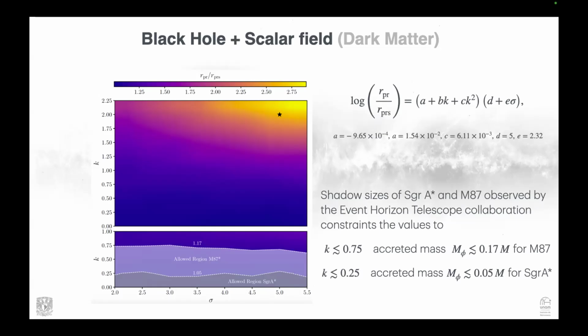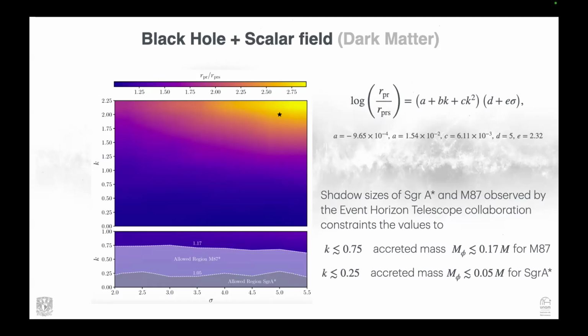But here we quantified how the photon ring changes when we change the parameters of the scalar field model, okay? And then we tried to introduce, because we know the size of the shadow or the photon ring in M87 and Sagittarius A star. So we introduced it here, okay?